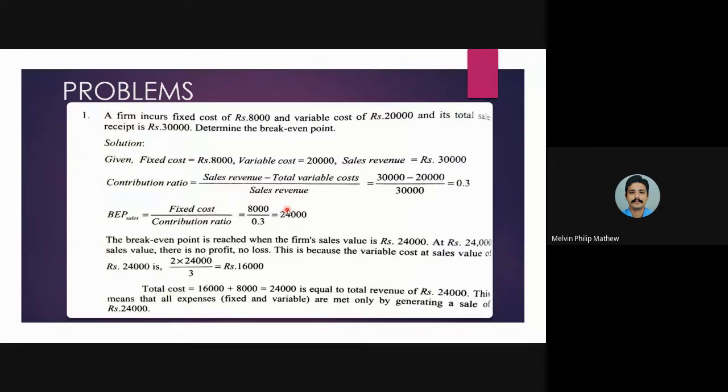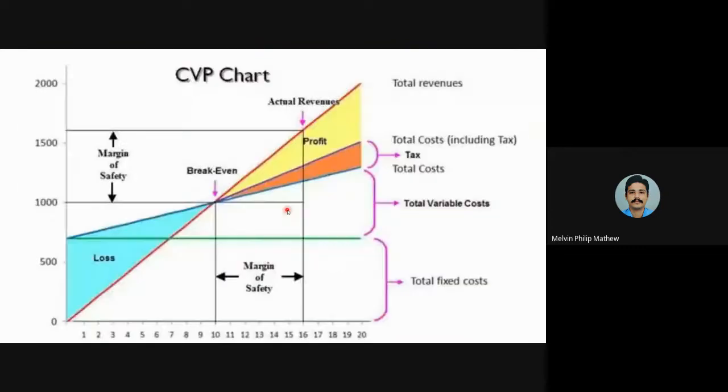So in the graph that we have shown here, this point is 24,000 from the problem. Above this is profit and below that is loss. Above 24,000, it is 30,000, the sales revenue. From the sales revenue, 6,000 is the profit.